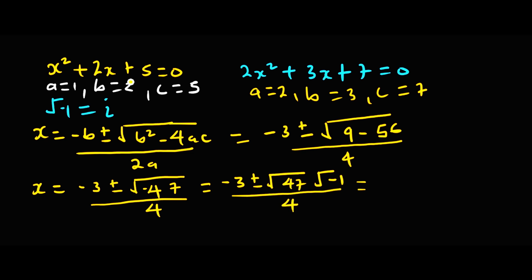So that we have minus 3 plus or minus root 47 i over 4. So it means therefore that the value of x can be minus 3 plus the root of 47i over 4, or, when this is negative, that is minus 3 minus the root of 47i over 4.